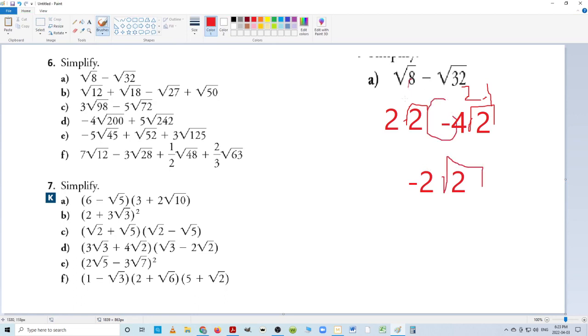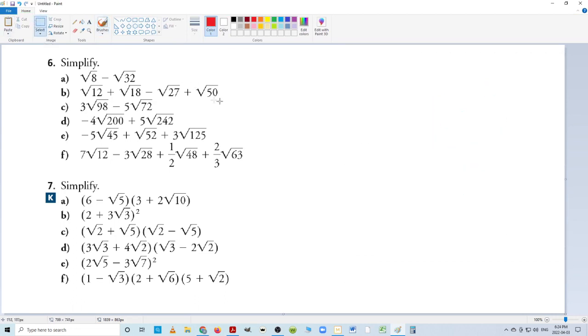You can only add and subtract things when their base is the same. So obviously all these questions are going to be like that. Notice on some of these mixed questions, you're going to have some that can add and some that can't.